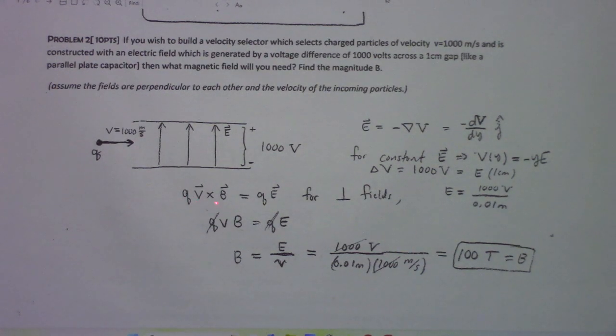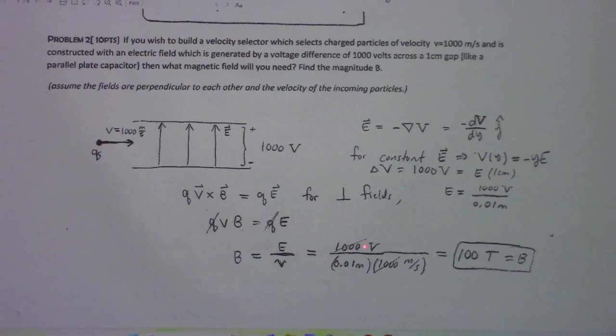So we need QV cross B equals QE, but here V and B are perpendicular, so we just give VB. The Q's cancel, and that gives us B as E over V. So we've got 1,000 volts divided by 0.01 meters, that's the electric field, right? Because we're in a parallel plate capacitor, it's the voltage divided by the distance.